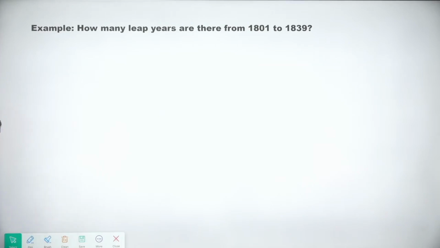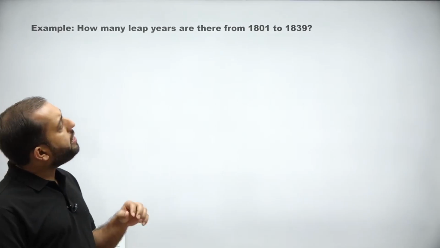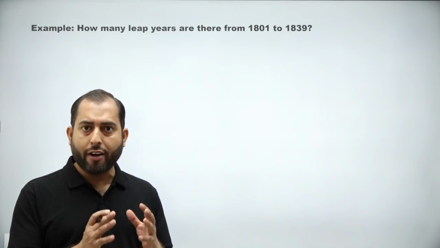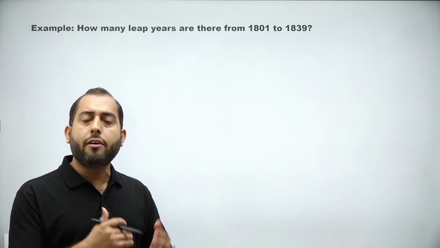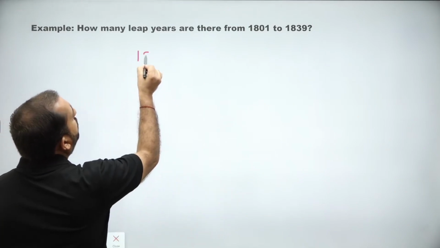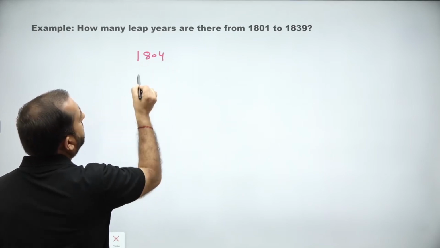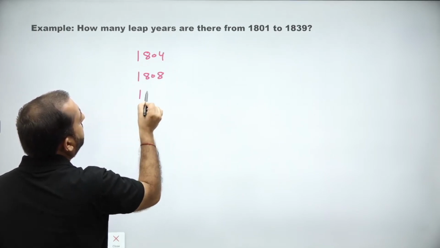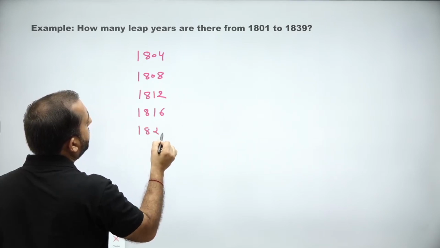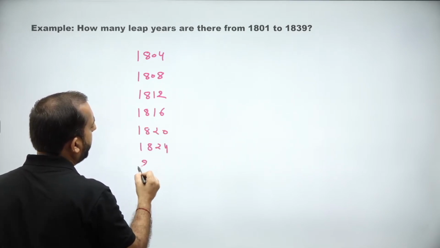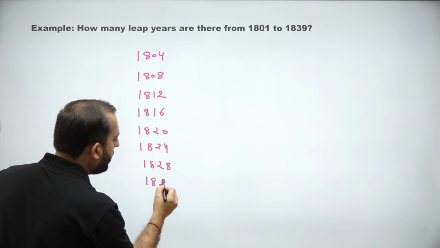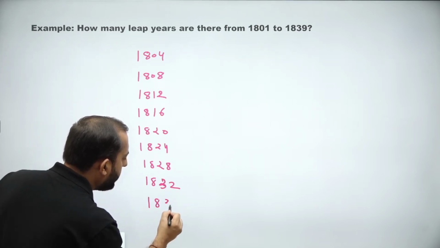Now, there is a question, it says how many leap years are there from 1801 till 1839? There are two ways to find it out. One, we can count every leap year manually. For example, after 1801, 1804 is a leap year, 1808 is a leap year, 1812, 1816, 1820, 1824, 1828, 1832, 1836.